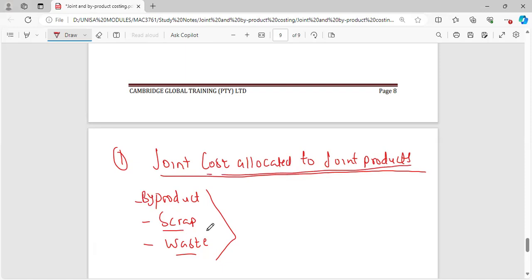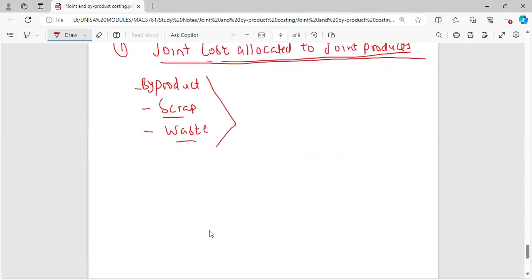So once you have your joint cost allocated to the product, then it means the last thing is to allocate joint cost to product using the method provided in the question.